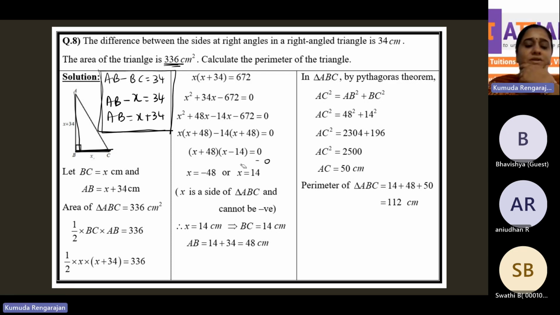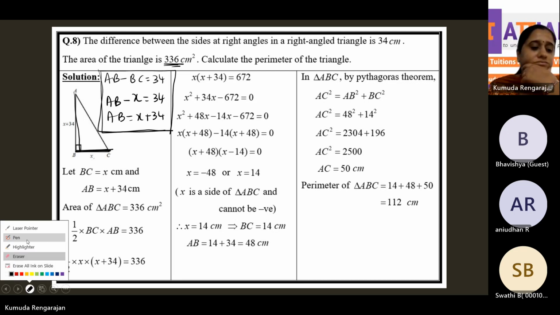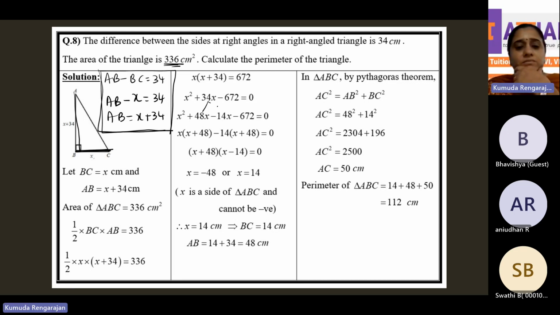So now we'll have to split the middle term into 48x and minus 14x. All right, now group the first two terms and the last two terms. So x into x is x squared, 48x minus 14x and minus 672 is equal to 0.